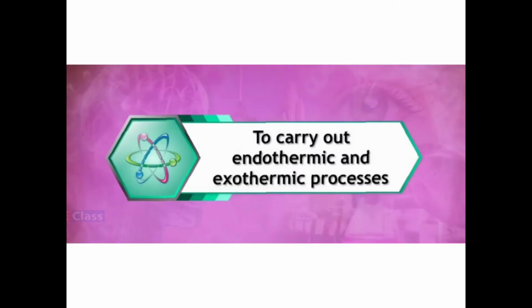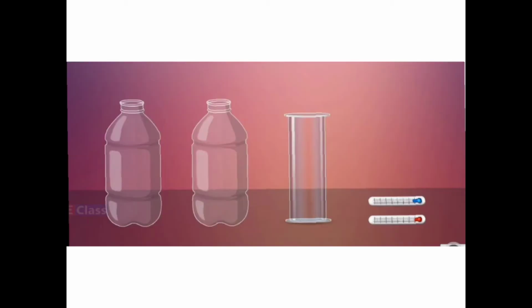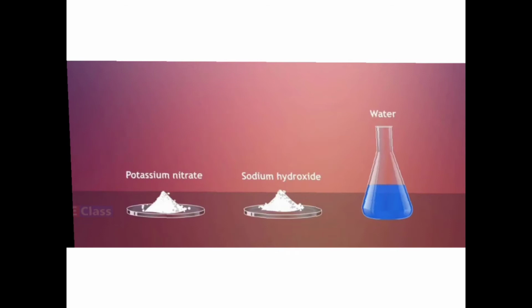Now let us carry out the endothermic and the exothermic process. For that, children, two plastic bottles, a measuring cylinder, a thermometer, etc. are required. The chemicals required are potassium nitrate, sodium hydroxide and water.